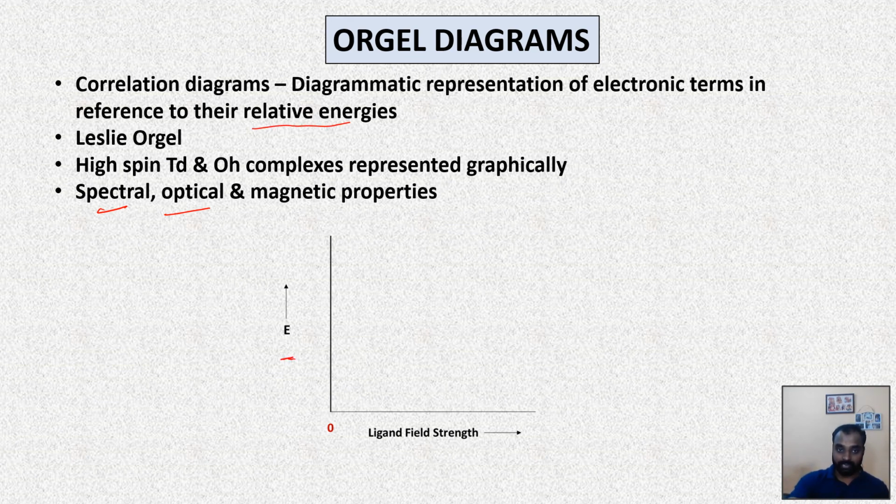The relative energy is on the y-axis. On the x-axis we are representing the ligand field strength. Here a vertical line represents zero ligand field. Zero ligand field means that it is a free ion term. The free ion term is represented in the middle of the vertical line. It was introduced by Leslie Orgel, and it is applicable only for high spin tetrahedral and high spin octahedral complexes.